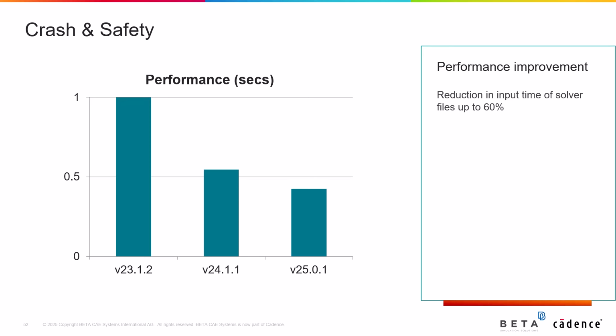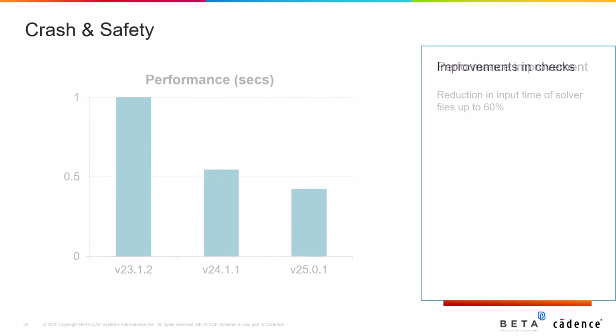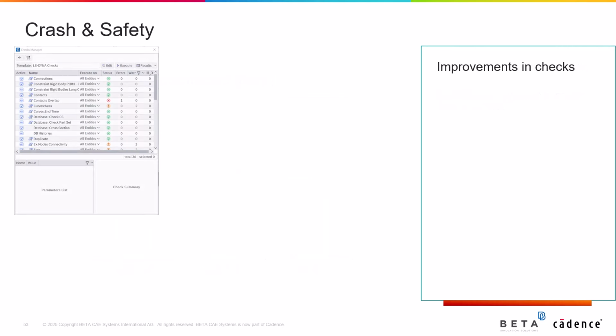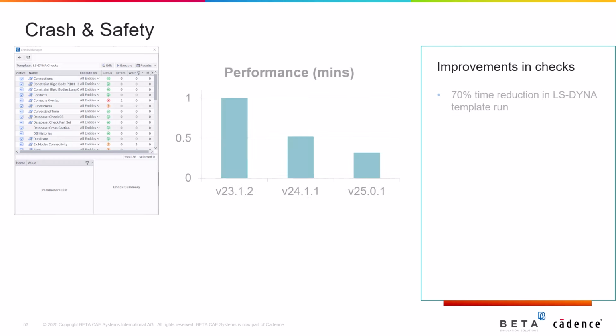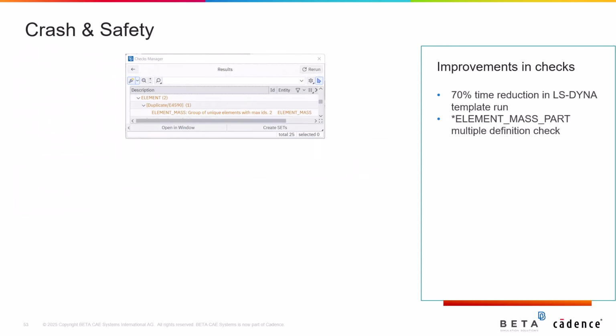Moving on, a great achievement is the significant improvement in the input time of solver files, which is about 60% faster in comparison with previous ANSA versions. Regarding the checks for LS-DYNA Solver, there is up to a 70% reduction for the template run in comparison with the previous versions. A new check was added for multiple element mass part entity definition.